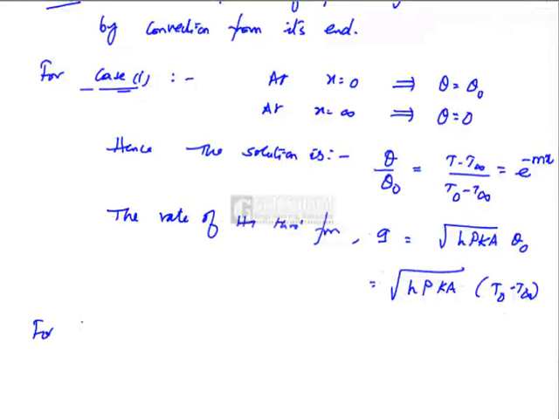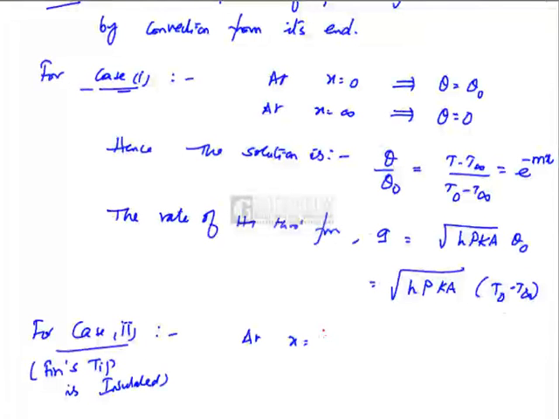For case 2, the fin is finite in length. The boundary conditions are, for case 2, fin tip is insulated.